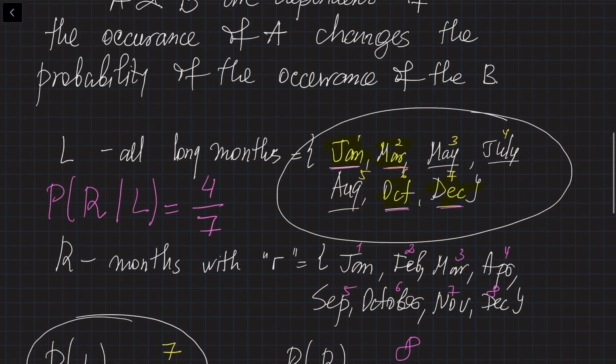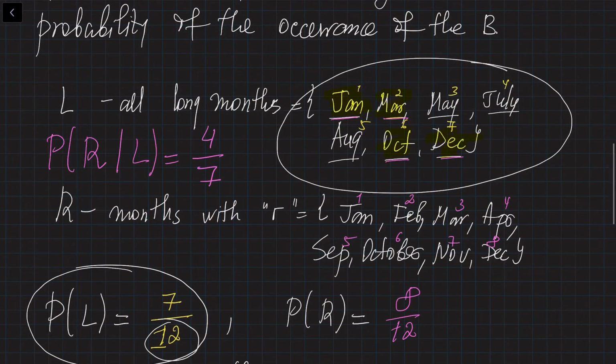So I'm going to explain what I mean. So the probability that a person is going to be born in the long months and in the months with the letter R is going to be equal to 4 over 12.